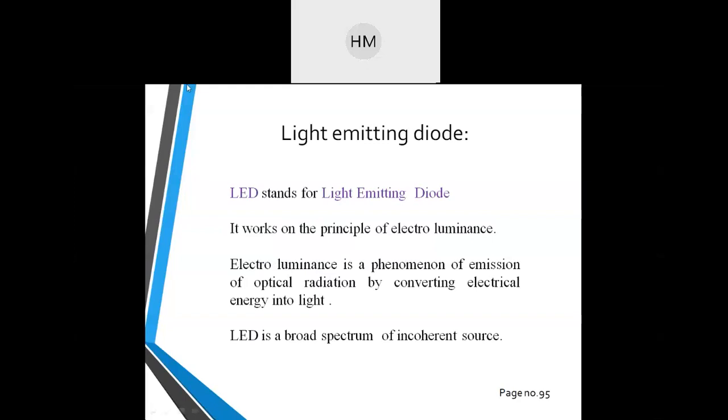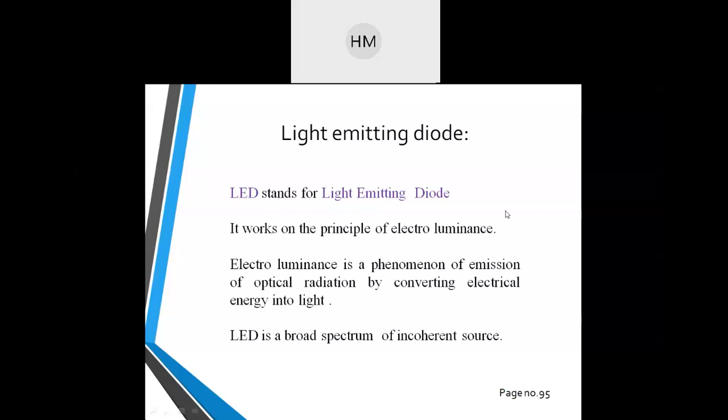You can write these important points in your copy. So writing these important points.